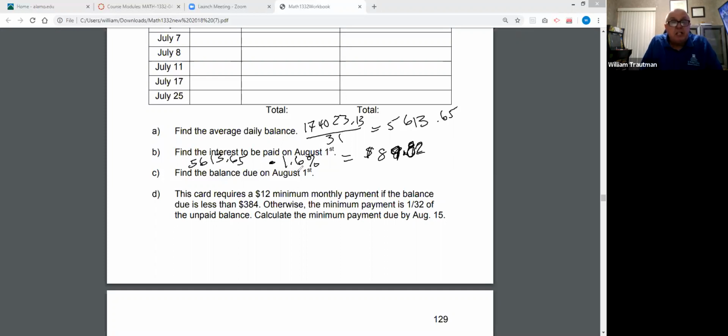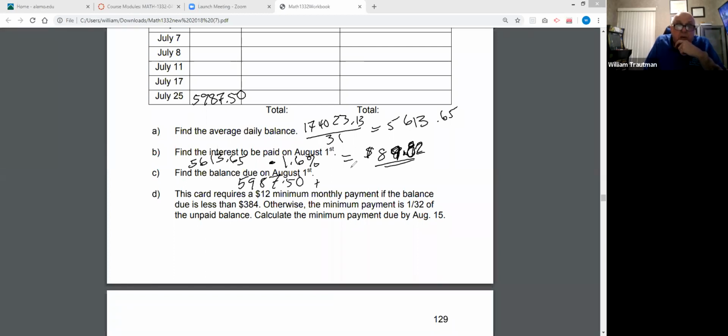So find the balance on August 1st. Well, our balance on the 25th was 5987.50. We added the interest to it. Do you see our July 25th, which is also July 31st? Our balance, not the average balance, our balance was 5987.50.